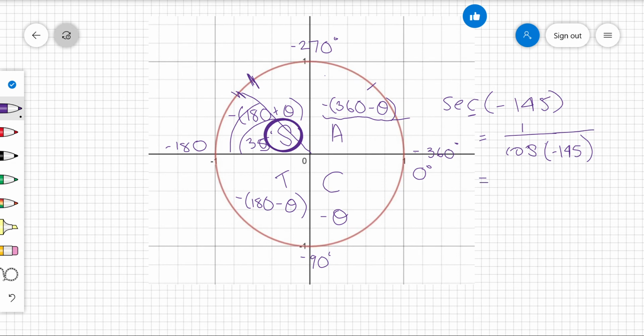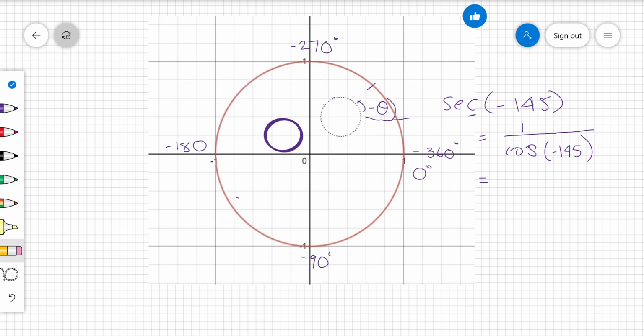Now, if we look at the angle negative 145, I will just remember I've got all stations to central.